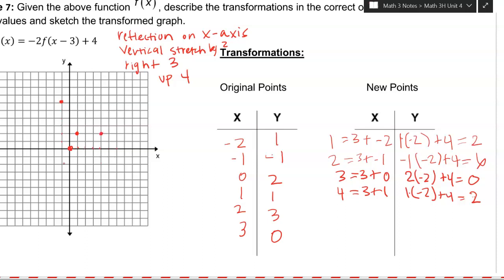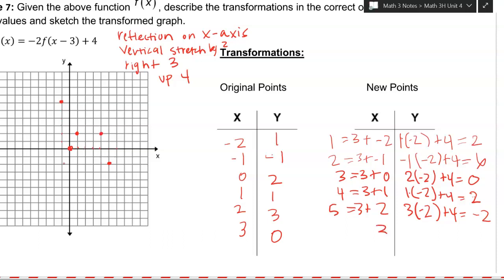All right, next one. We're at (2, 3). So add 3, we get 5. So -6 plus 4, we're going to get a -2. So at 5, and then -2.